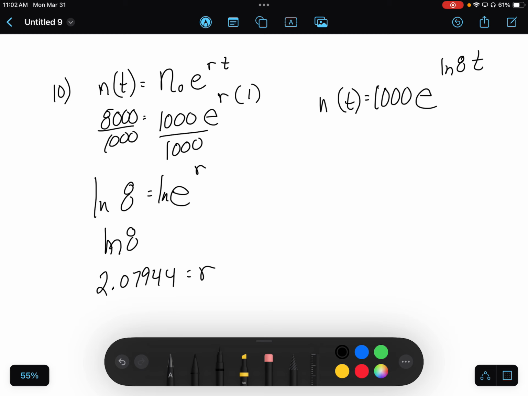What if you rounded the decimal? You could say that. I rounded mine to .08. So the difference there is if Ben goes to 2.08 and Mandy goes to the one that I have on the bottom, and then I go to ln of 8, I'm going to be closer to the actual answer. Because the ln of 8 is a number that goes on forever and doesn't ever stop or repeat.